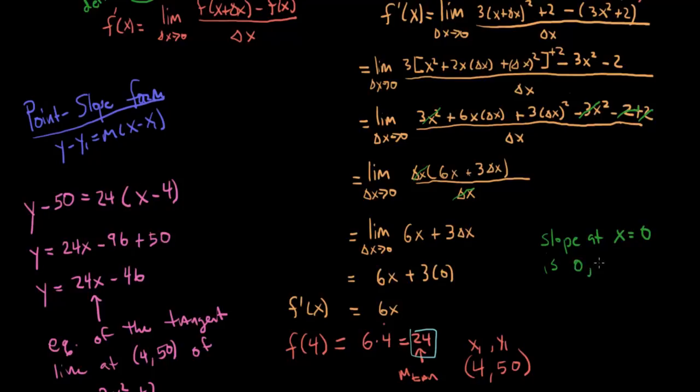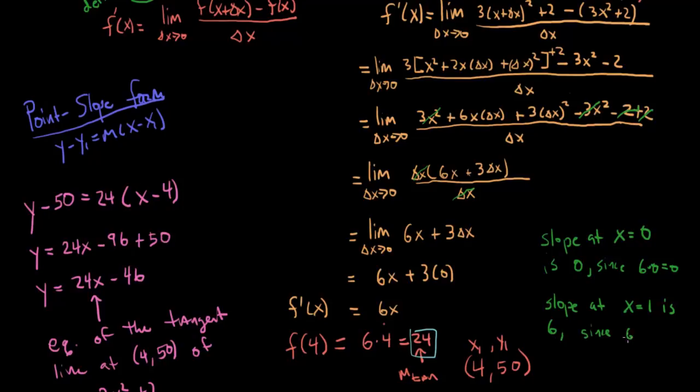It is 0 since 6 times 0 equals 0. Yeah, there's the expression for our derivative. Plug in any x value you want, and there's your resulting slope. Slope at x equals 1 is 6.